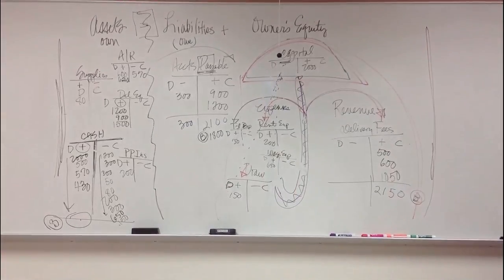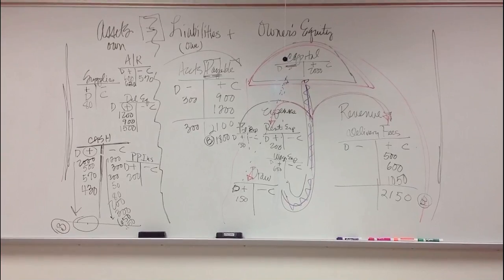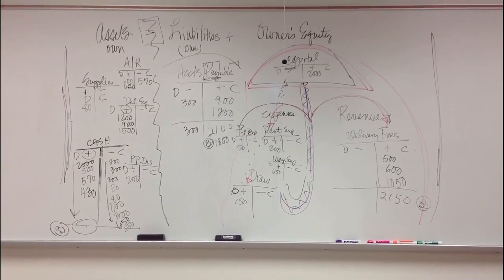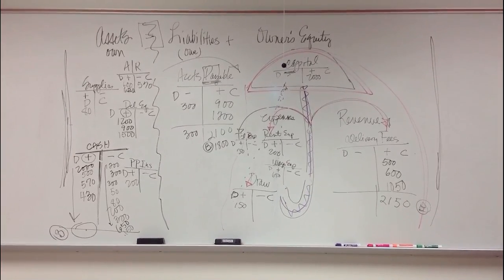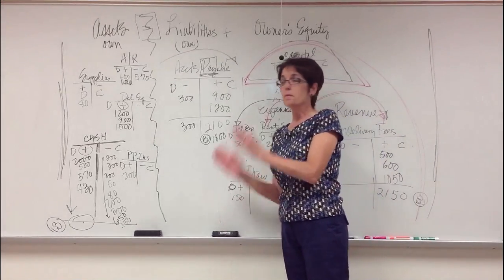Okay, the last thing that Chapter 3 introduces to us is called a trial balance. And a trial balance, obviously you see what a mess this board looks like, right?